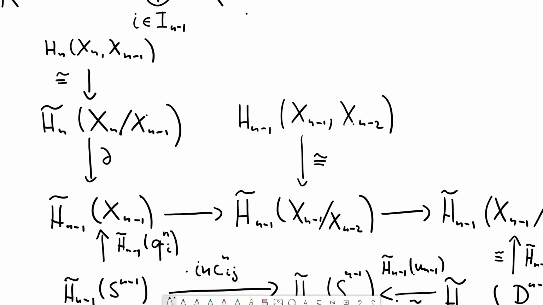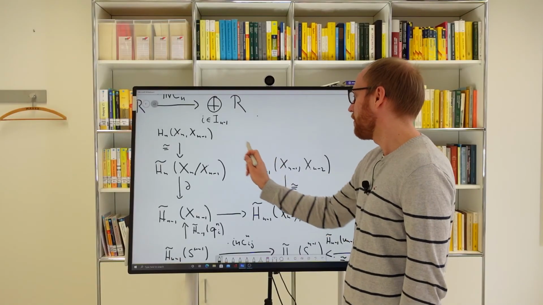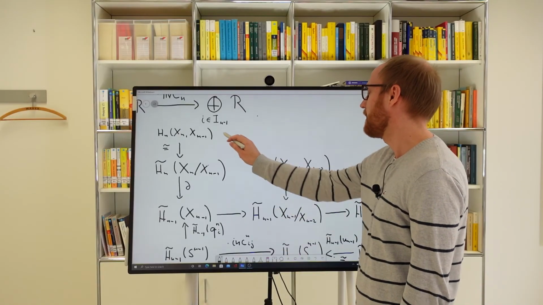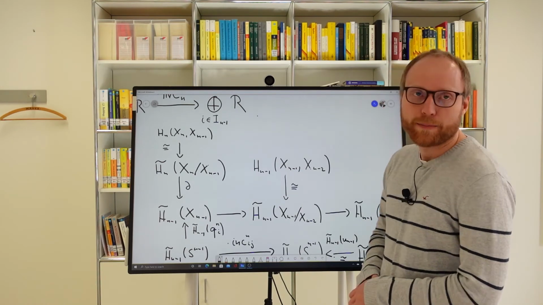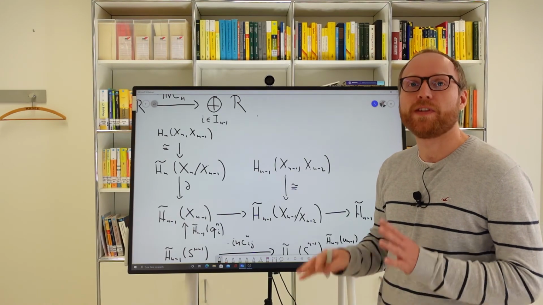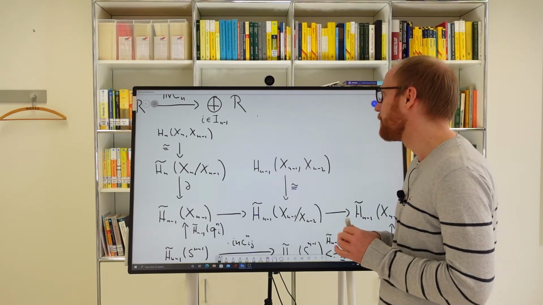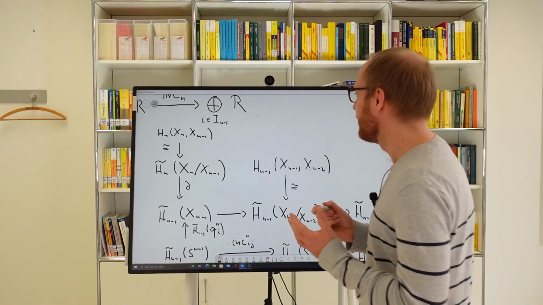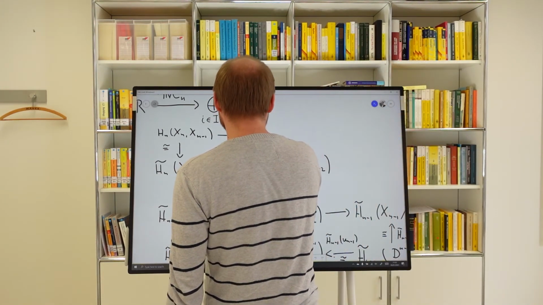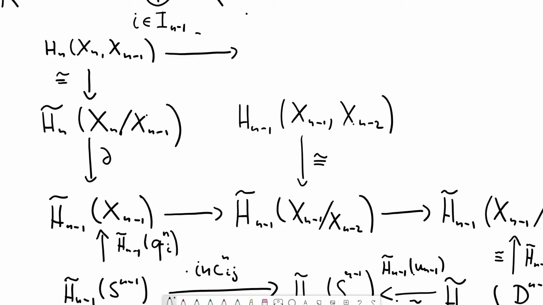Okay, and now from here to here, I of course want to apply my boundary map in the cellular chain complex, but let's just remember how this was defined. This was the boundary map in the triple sequence of the triple n skeleton, n-1 skeleton, n-2 skeleton. And the boundary map in the triple sequence, as you will recall, was defined in a two-step procedure, by first using the ordinary boundary map of our homology theory, in this case singular homology, which goes to Hn-1(Xn-1).